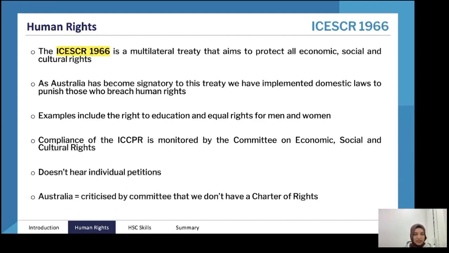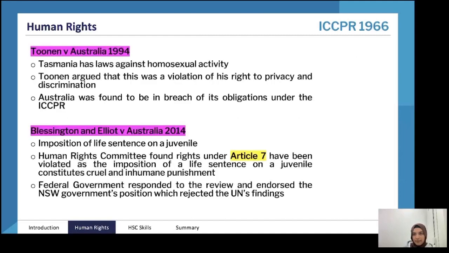They don't really hear individual petitions, unlike the previous one, the ICCPR. And then we've got Australia criticised by a committee that we don't have a Charter of Rights, which we'll talk more about as we progress.